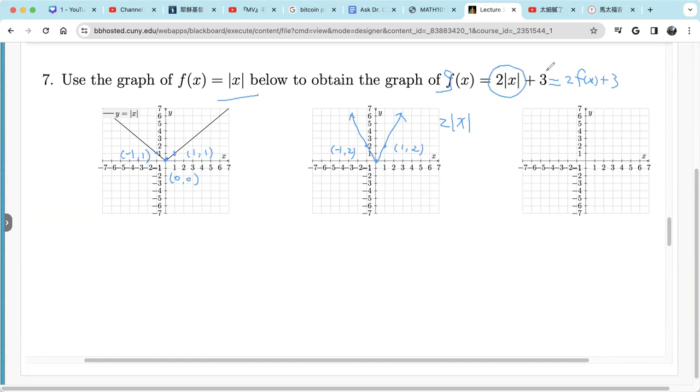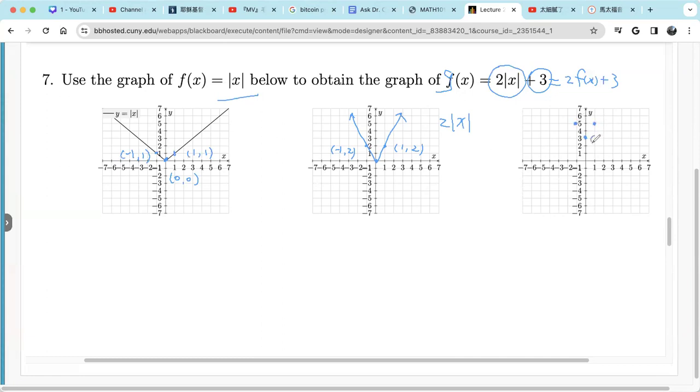Now we add 3 to it. Right? We add 3 to all the y values. We add 3 to 0, we get 0, 3. We add 3 to 2, we get 5. We get negative 1, 5, and 1, 5.